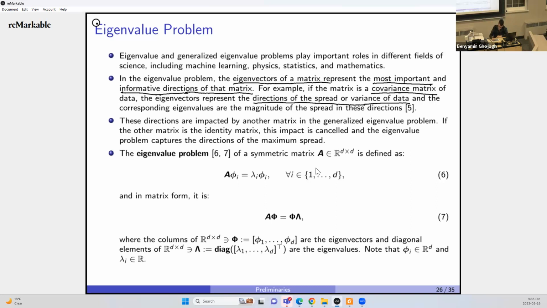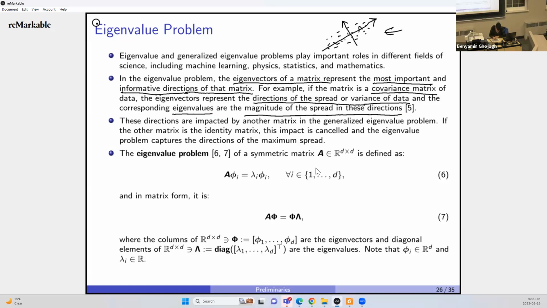If we have a cloud of data points, the first eigenvector of the covariance matrix is this, the direction of the spread of data. The second eigenvector is this. This is the second most important variance, right? And this is exactly what we have in PCA in machine learning. The corresponding eigenvalues are the magnitude of the spread in these directions. So eigenvalues show how important that direction is.